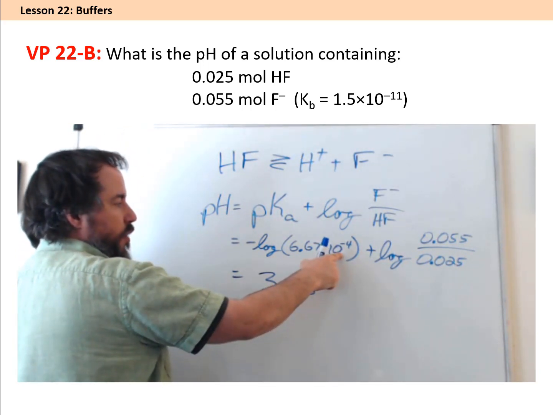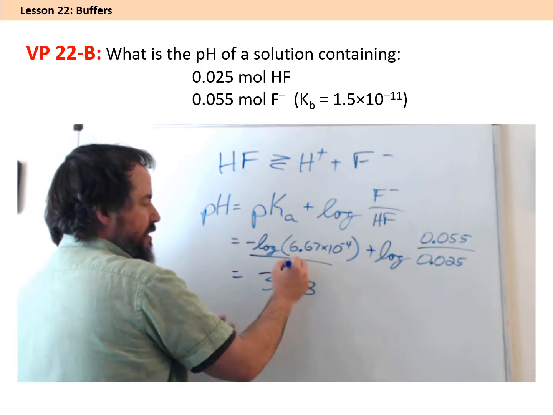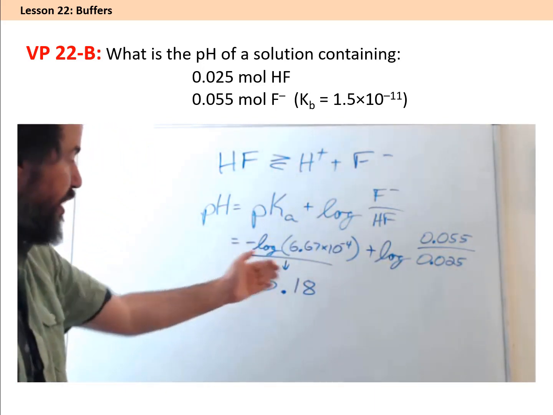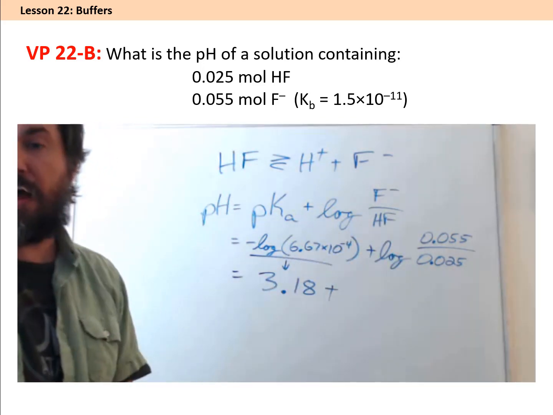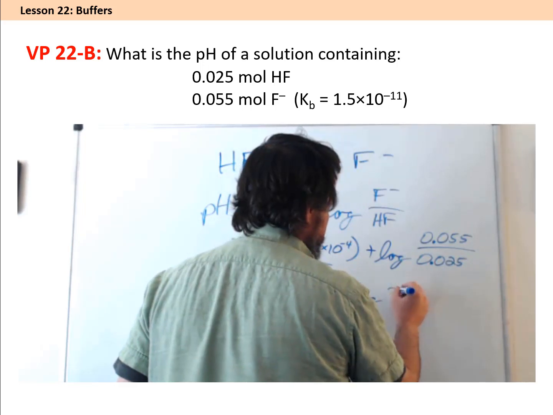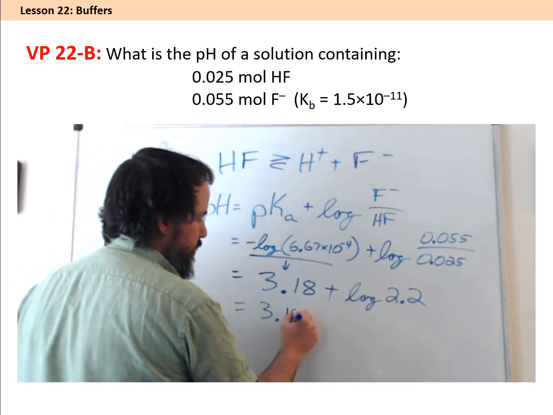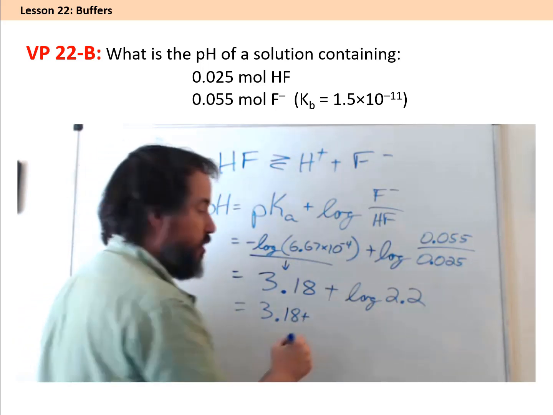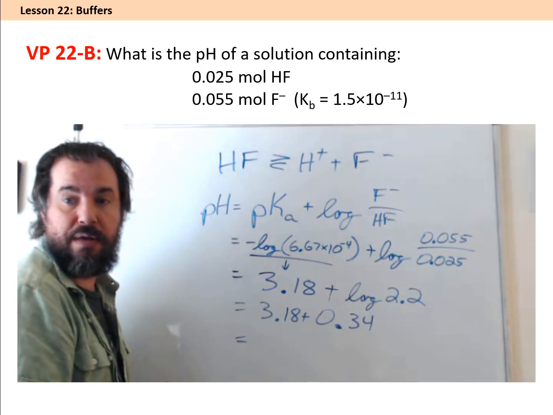This is around 4, so the answer to this will be somewhere around 3 to 5. And then this will be plus log of 0.055 over 0.025. That's log of 2.2. It's going to get me 3.18 plus 0.34 or 3.52.